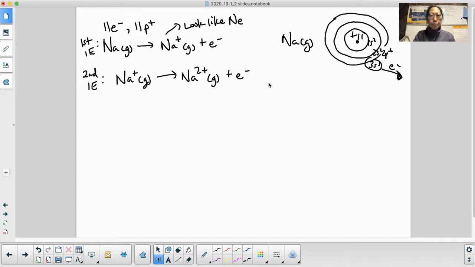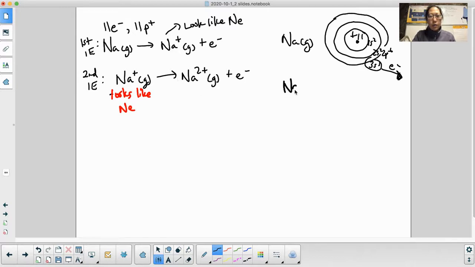On the other hand, you're taking Na plus, which looks like neon. And we're going to take another electron off. So we're taking something that looks like neon, has a closed outer shell, and we're trying to take an electron off of it.